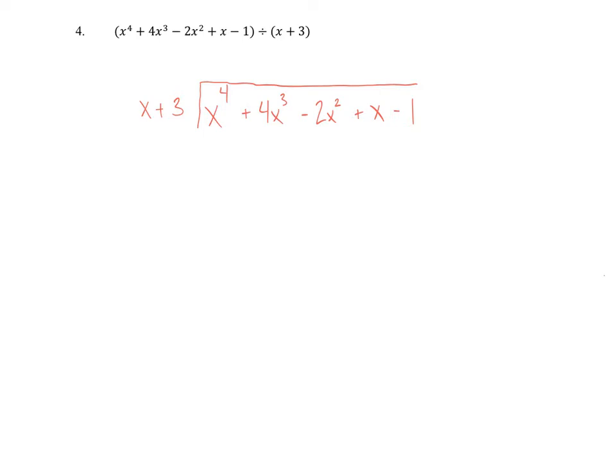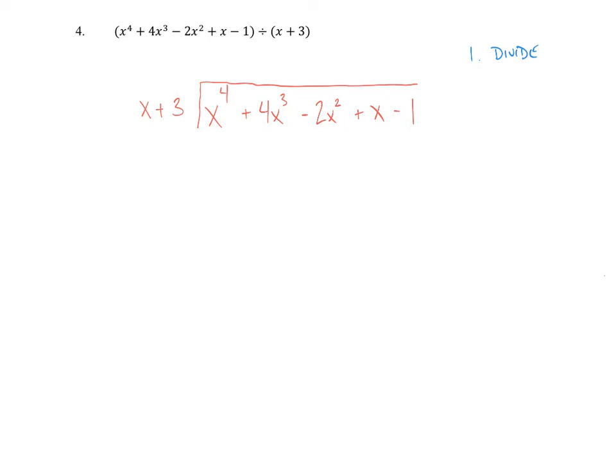As we go through this, I'm just going to write our steps over here. Step 1 is we have to figure out how many times our lead term in our divisor goes into the lead term in the dividend. I'm going to say divide here because a lot of you learned that that was what you have to do with step 1. So we're looking for how many times does x go into x to the 4th.